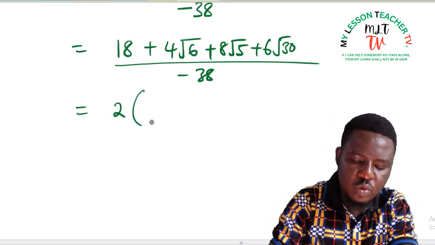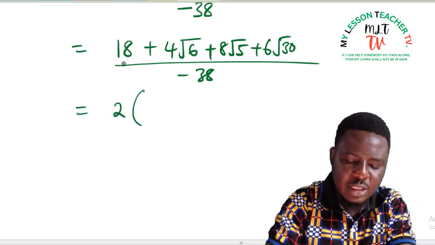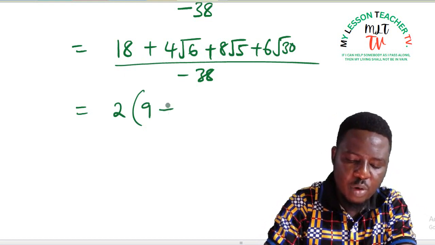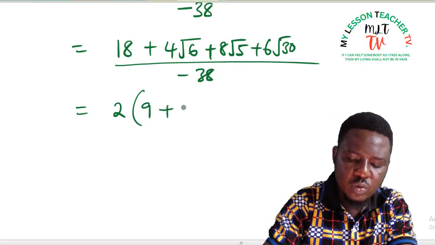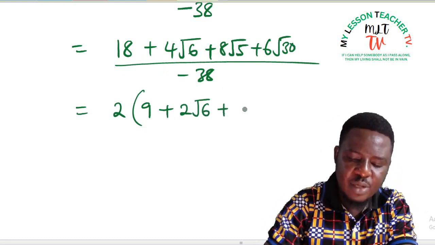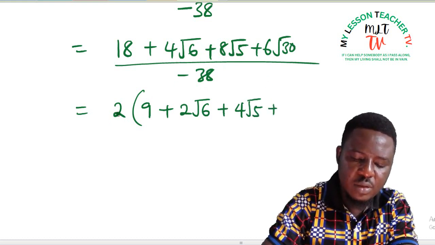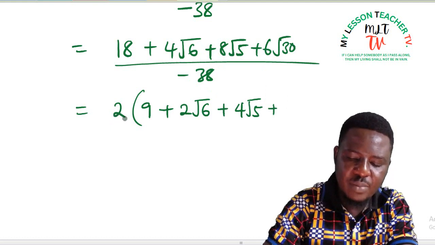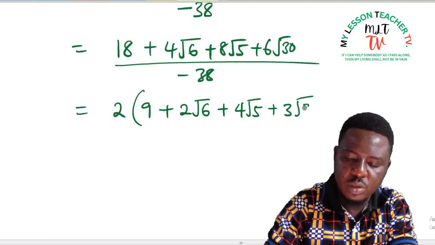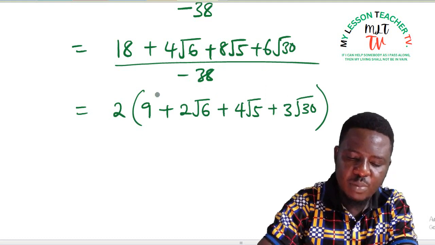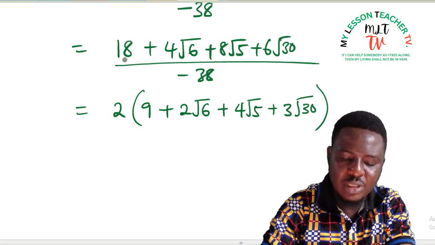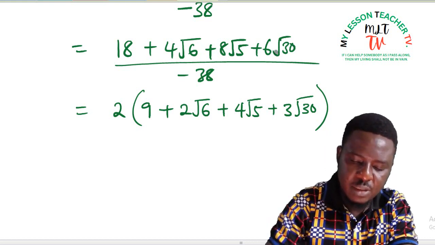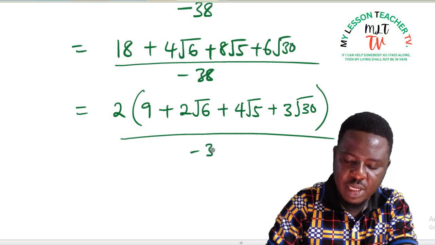This becomes 2 into 18 divided by 2, you'll be left with 9, plus 4 root 6 divided by 2 gives you 2 root 6, plus 8 root 5 divided by 2, you have 4 root 5, while 6 root 30 divided by 2 gives us 3 root 30. Now 2 is common because 2 is the only common factor between 18, 4, 8 and 6, all divided by minus 38.